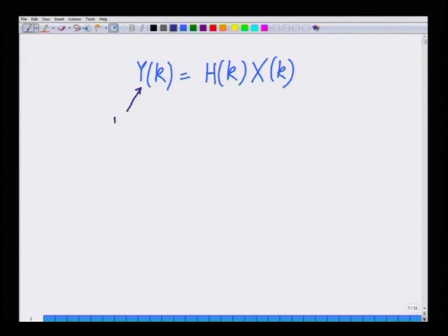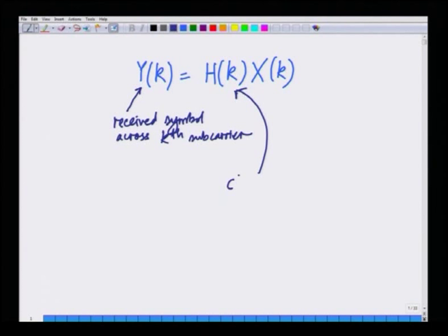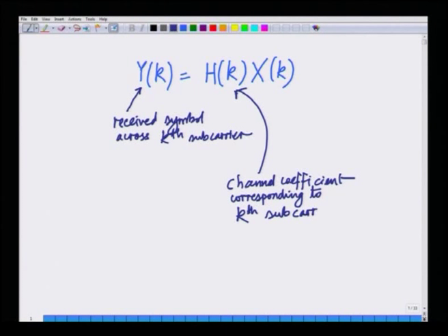Let me emphasize again, Yk is the received symbol across the kth subcarrier, Hk is the channel coefficient corresponding to the kth subcarrier, and Xk is the transmitted symbol across the kth subcarrier.